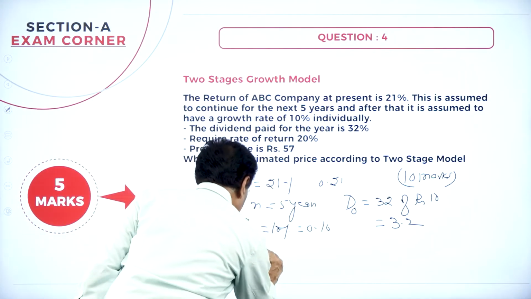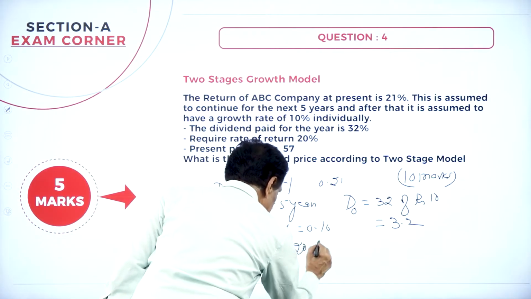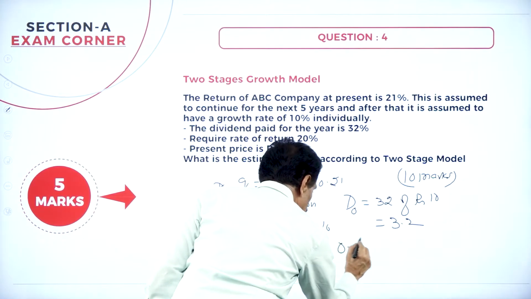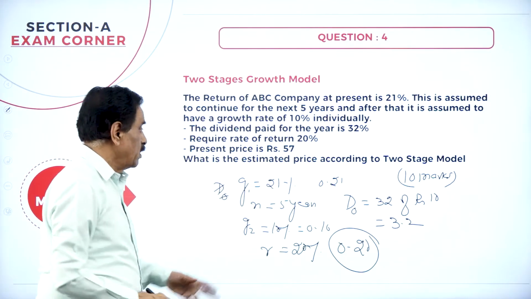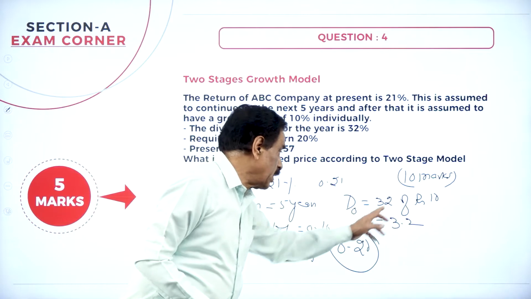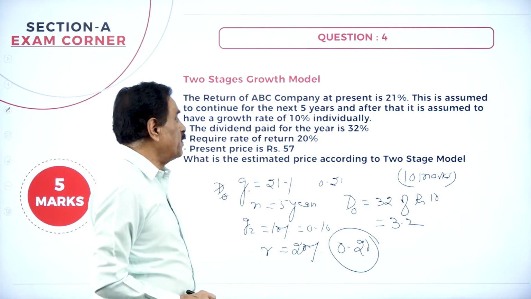Required return R is equal to 20%, 0.20. Present price is 57.